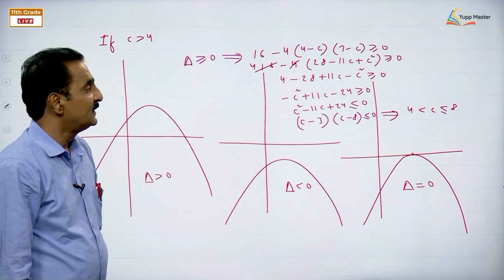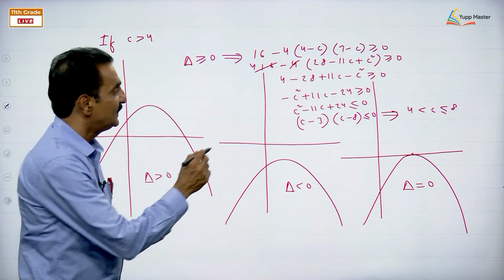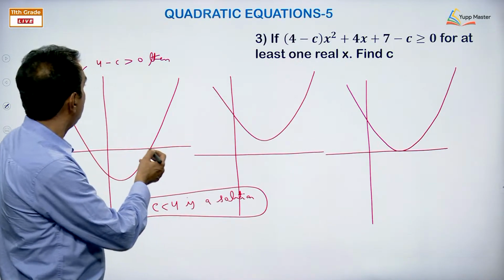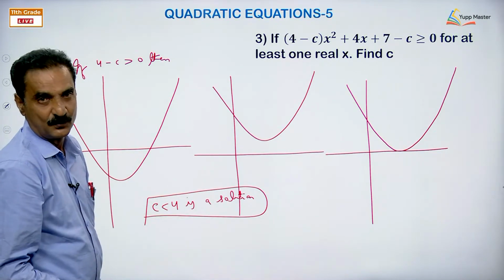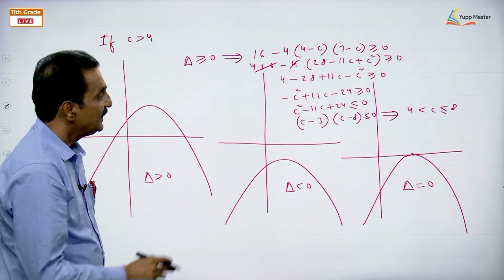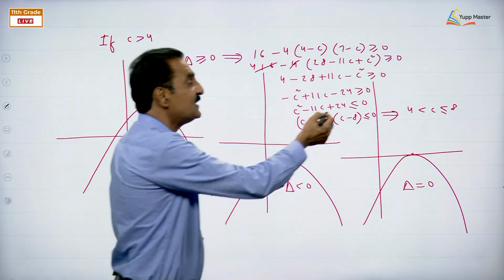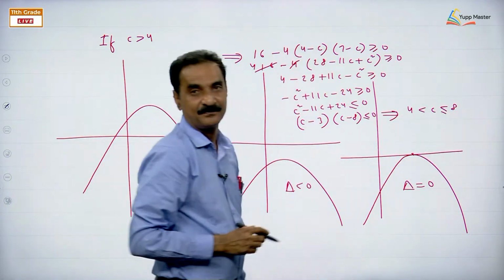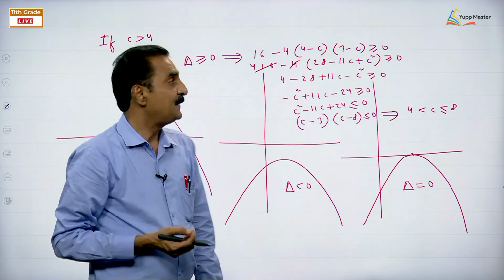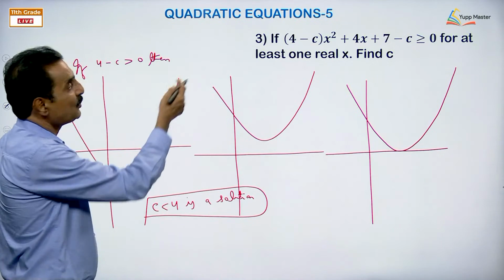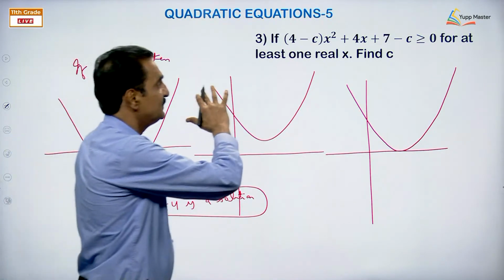Okay. Now, if c is less than 4, it is always true. If c is greater than 4, then c should not exceed 8. But what about c is equal to 4? If c is equal to 4, it is not a quadratic equation, but that is not a problem.